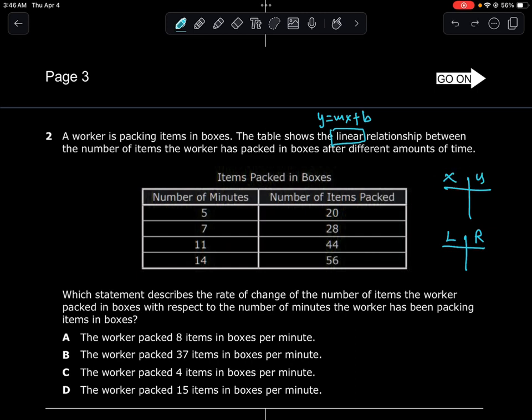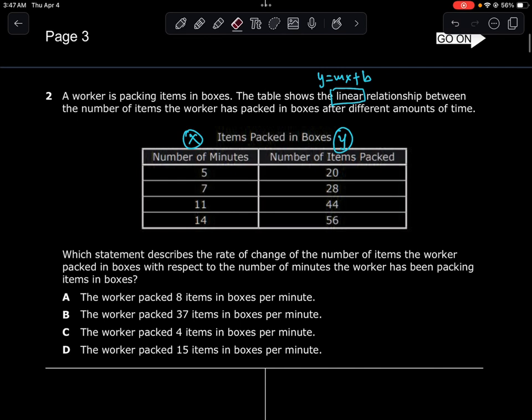So if you forget which one goes to the left and which one goes to the right, it's the same order as in the alphabet. First is X, which goes on the left, before the Y on the right. Okay, so this is the X on the left, and this is the Y. Good. Now we have our table.